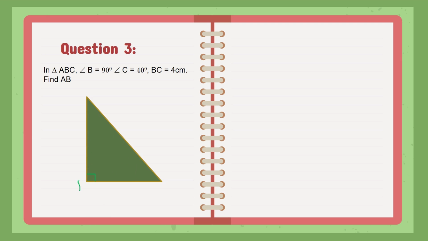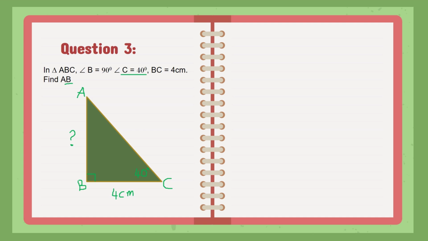We mark this as B. And we are going to name this triangle ABC, and we know that C is equal to 40. We are going to mark this as 40 degrees, and BC is equal to 4 centimeters, and this is going to be 4 centimeters. And we have to find AB. We need to find this.